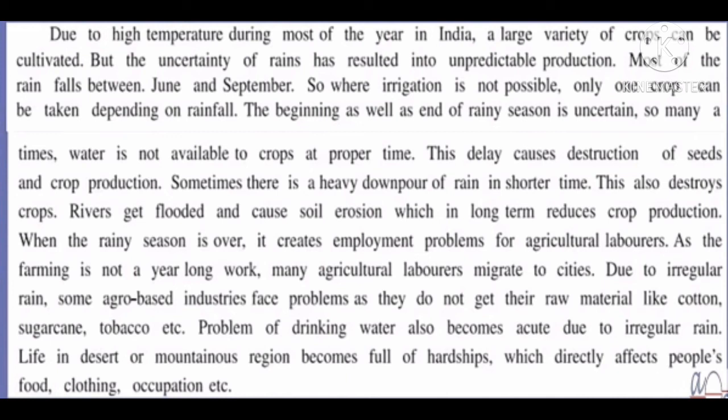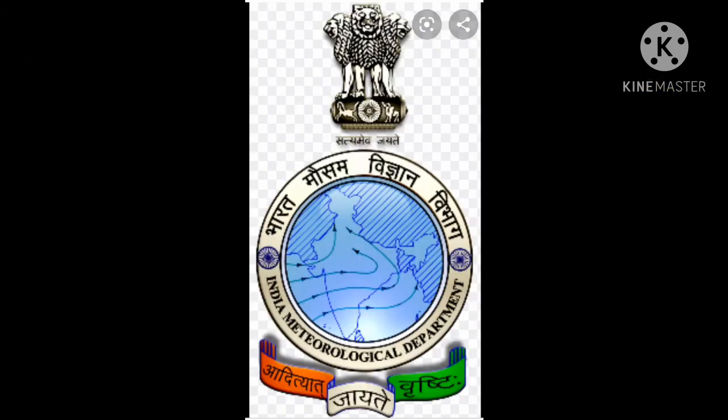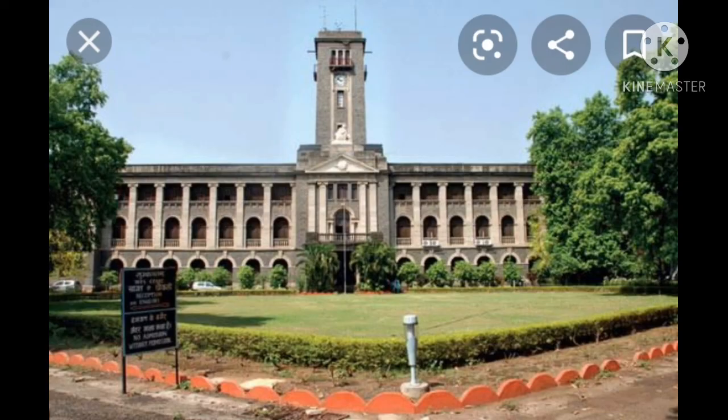Now students, you would like to know the Indian Meteorological Department. The Indian Meteorological Department transmits the weather news of our country on radio, television and publishes them in newspapers as well as on websites. The office was established in 1875 at Kolkata. Its main office was in Pune till 2005 and now it is shifted to New Delhi.